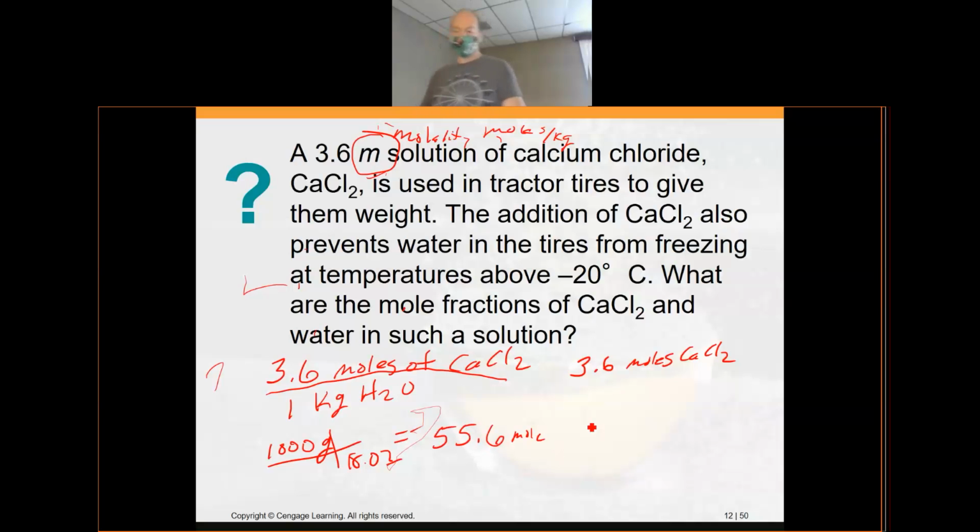I'm not exactly sure if that's what you get, but it's somewhere very close. It's either 55.5 or 55.6. Now that you have your two moles, you add them up, you get your moles of solution. You want the mole fraction, moles of calcium chloride divided by the moles of the solution. So if you know that little m means this is a very easy problem. If you do not know that little m is that, you cannot get it right.